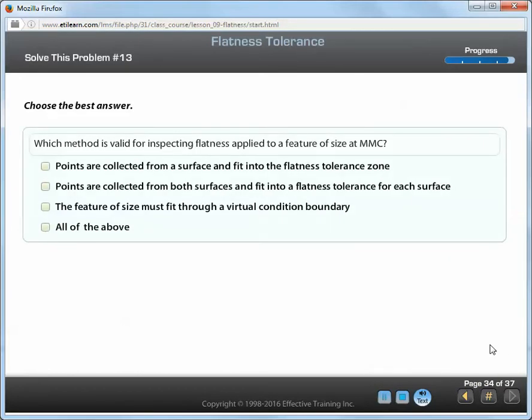Which method is valid for inspecting flatness applied to a feature of size at MMC?